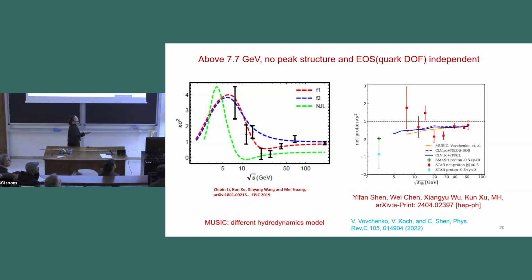So whether you use a different hydro, or a different equation of state, with or without a critical point, you don't have such non-monotonic behavior of the net proton baryon number fluctuations.